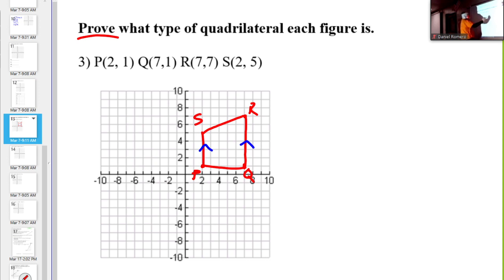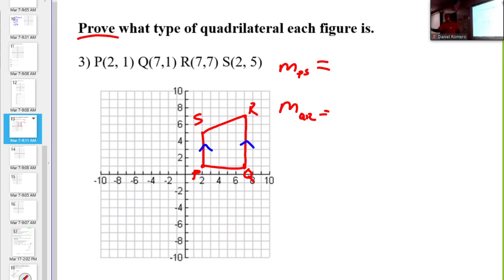So I would just find the slope of, let me see, this is P, Q, R, S. So I would find the slope of PS. When you write it, you might put something like slope sub PS, I guess. That's the slope for PS and the slope of QR. And I have to show that they're the same.